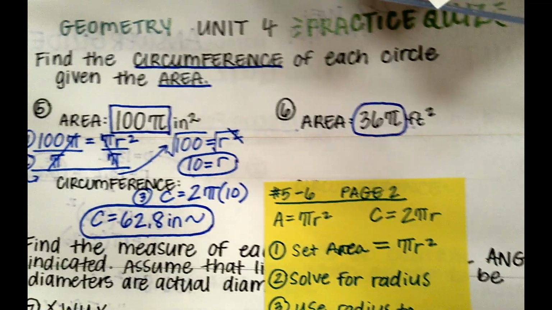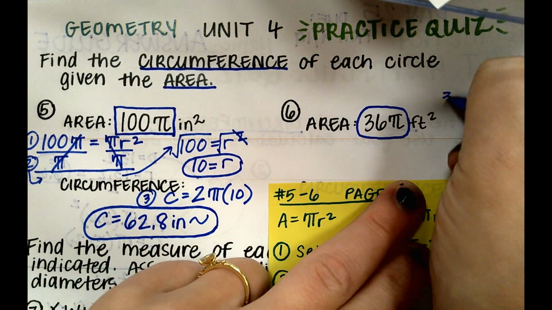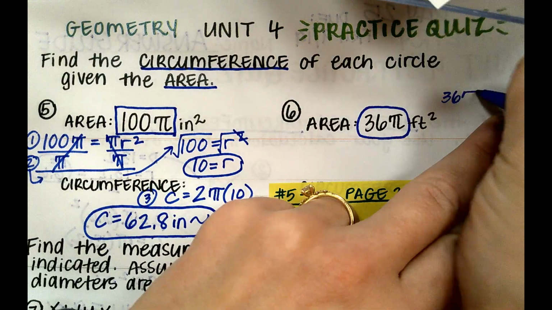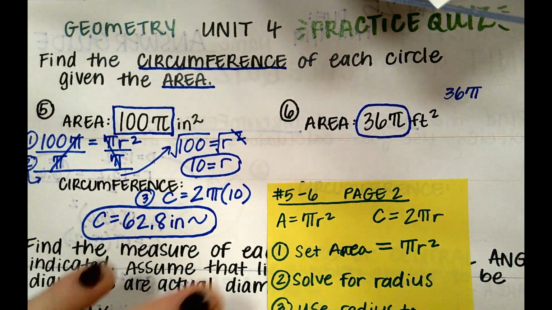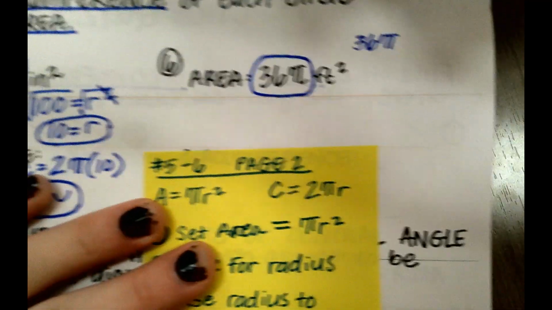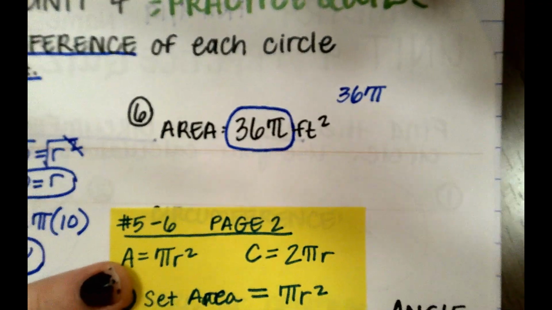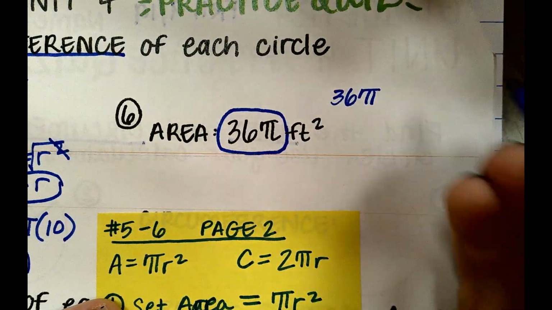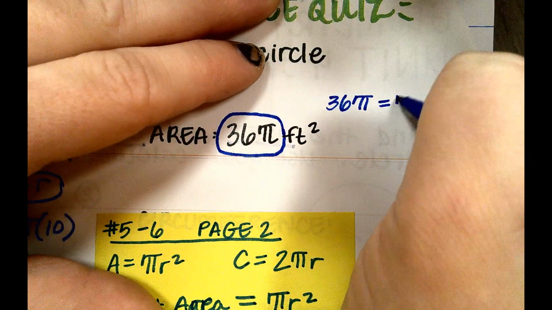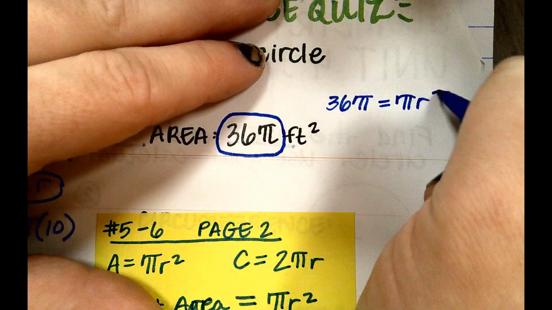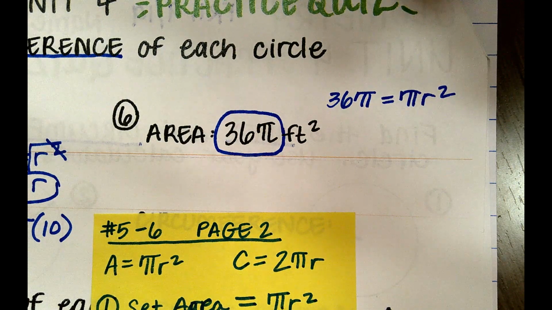36 pi. Pi radius squared. Good. 36 pi equals pi radius squared. And we will go through the same process as the problem before. What should we do next?